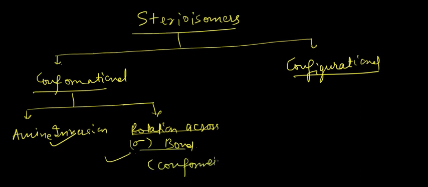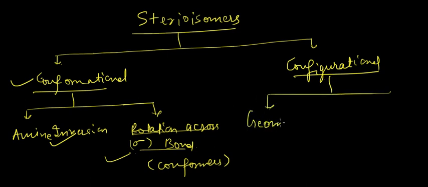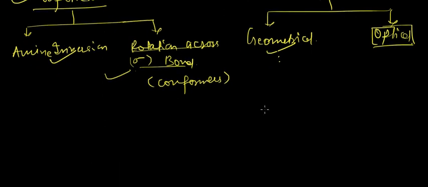So this part is covered. Now configurational we subdivided into geometrical isomerism and optical. Geometrical we have also seen. What is remaining is optical configurational stereoisomerism. So let's discuss optical isomerism.